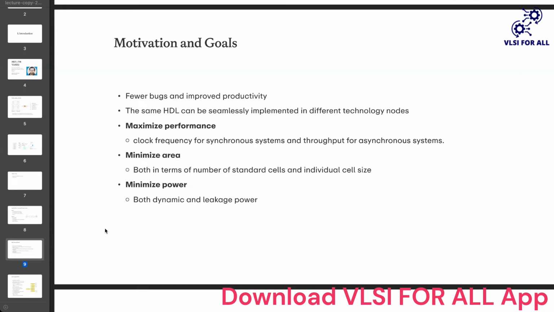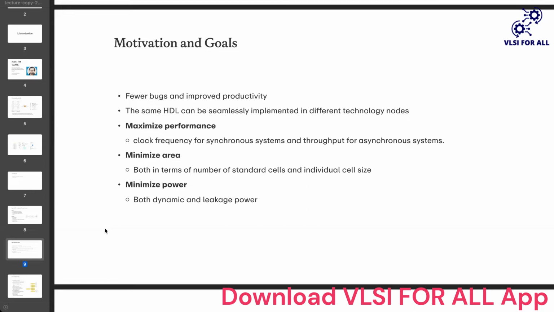Coming to the goals, every chip has some goals. The first one is maximizing performance. That is nothing but meeting your frequency. I don't know how far back you remember the phones that came out in 2003, 2004. If you see the mobile phones that we are using right now, they are like 10 times faster.